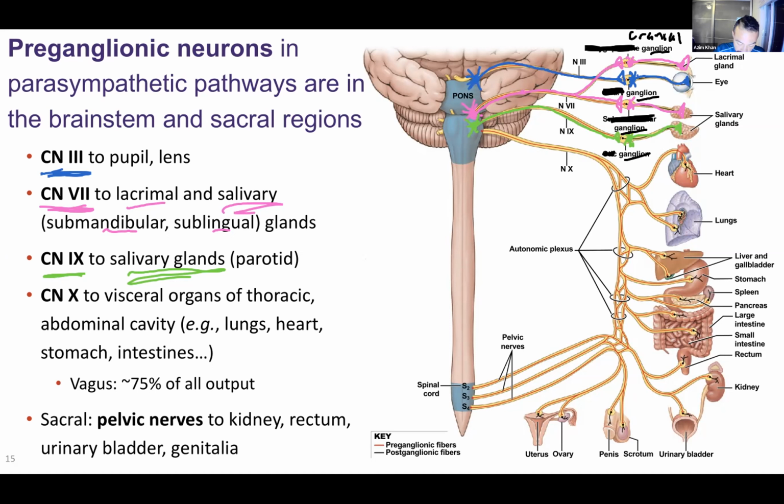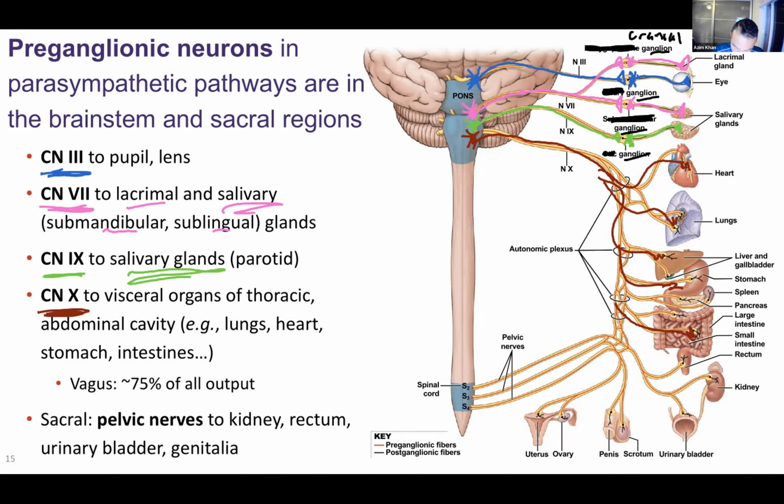Cranial nerve 10, vagus nerve, starts in the medulla, extends all the way down to your heart, to your lungs, to your liver, stomach, all of these different organs, intestines.